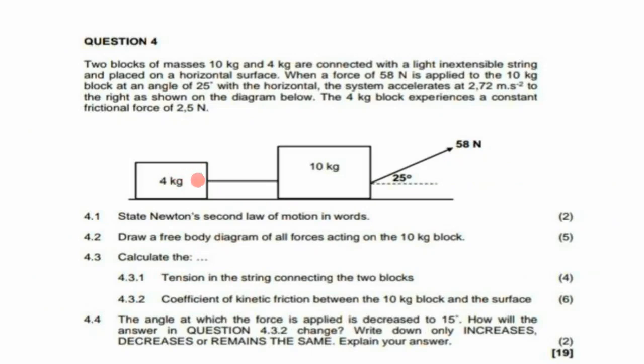Then 4.2 says, draw a free body diagram of all forces acting on the 10 kg block. Now to draw that one, let's have our forces. So this is on a surface.